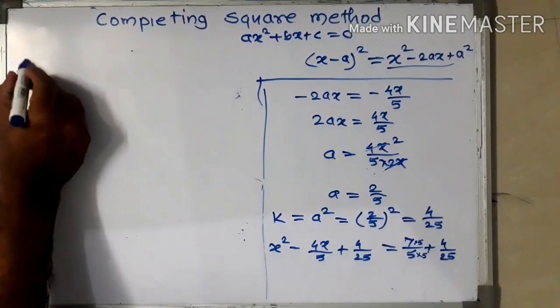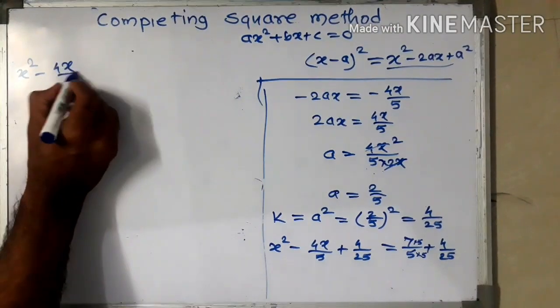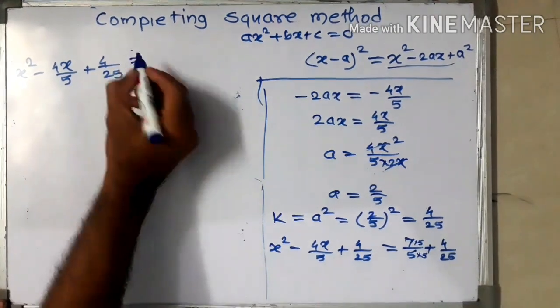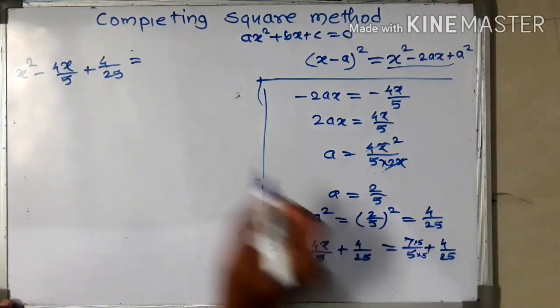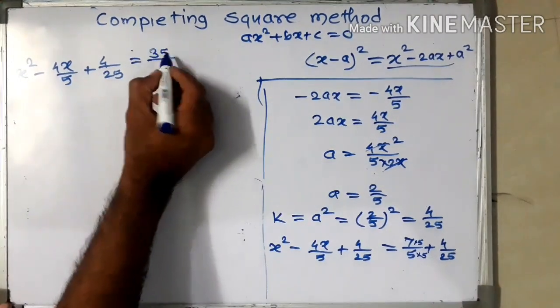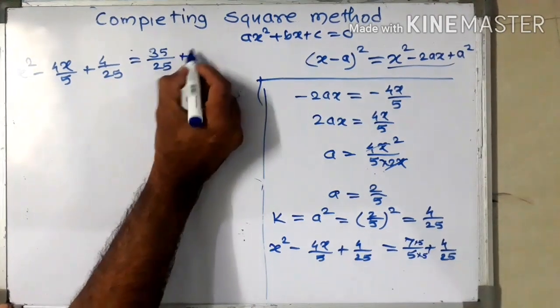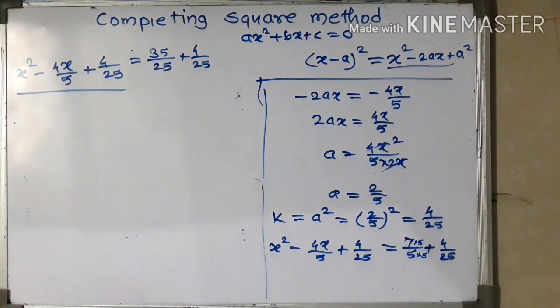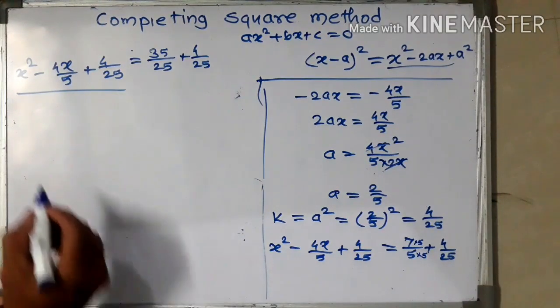By multiplying, it is 35 upon 25 plus 4 upon 25. Now this is a perfect square polynomial.